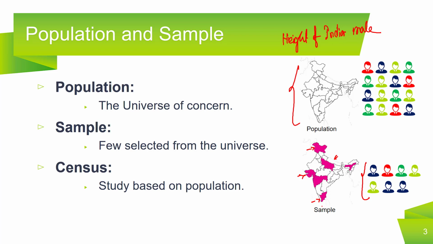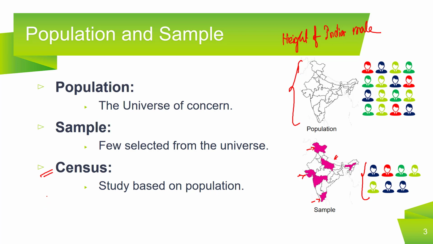Now any study that is based on the entire population, now in case I have the time and money and power to study each and every Indian male, and I can measure their height, visit every Indian male and measure their height, then such a study will be called a census.